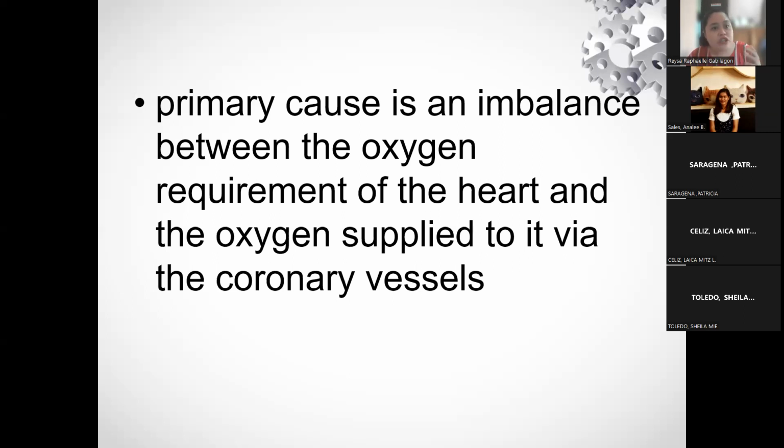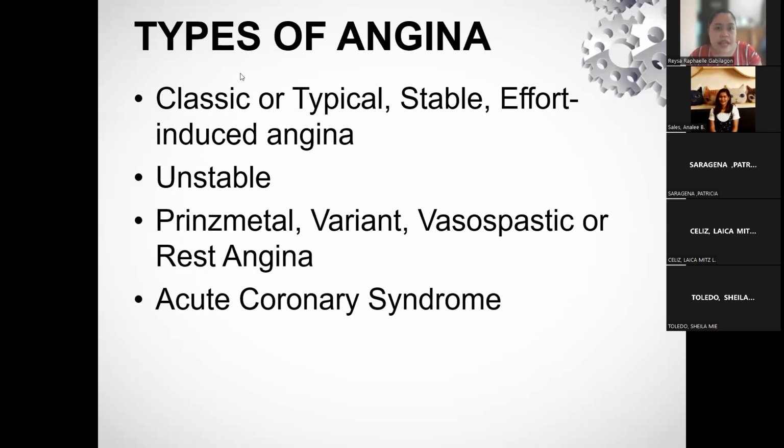Now, it needs to be supplied. However, in angina pectoris, there is still the demand. However, we have a problem with the supply, okay? We have a problem with the supply of the blood in the heart. Again, the problem is there is a blockade in the blood flow because of the atherosclerotic plaque being deposited.